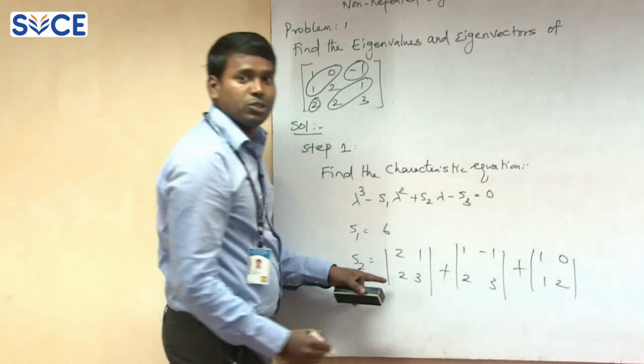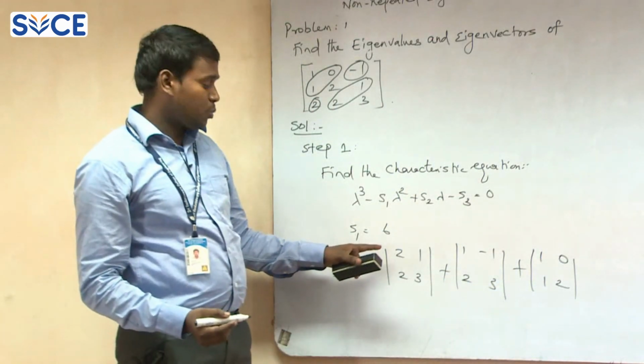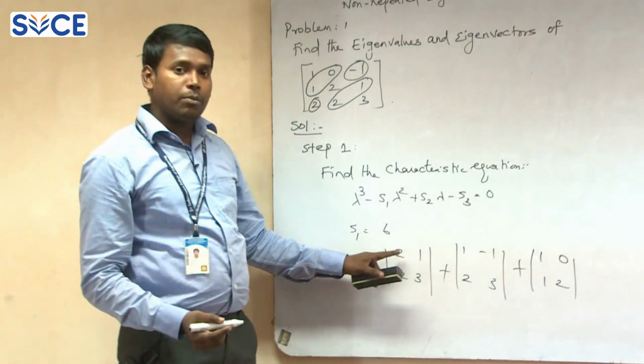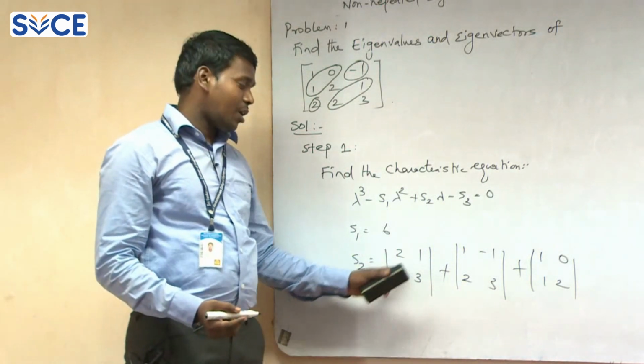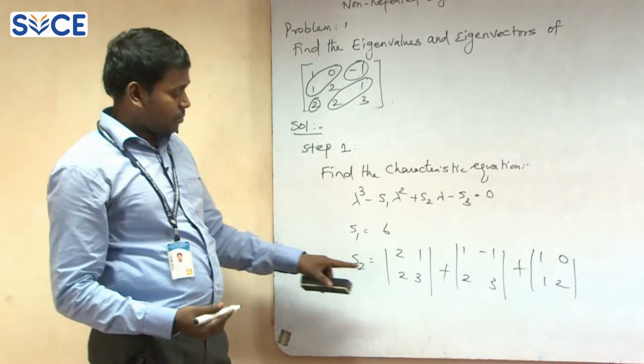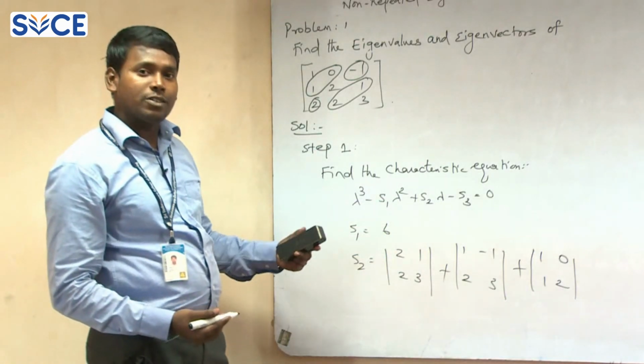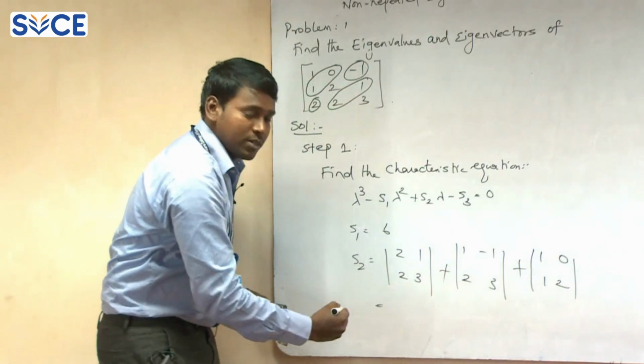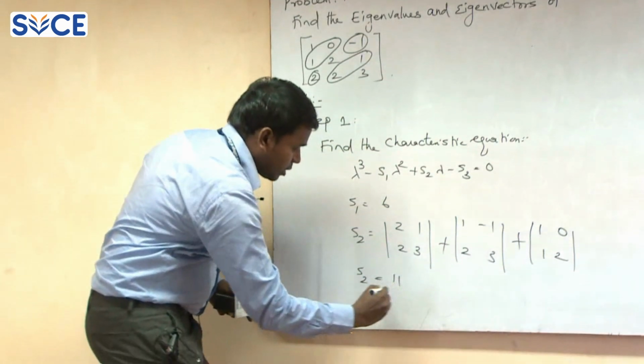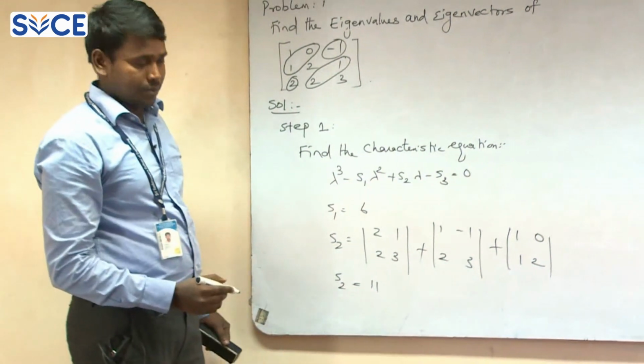So this is nothing but 2 by 2 determinants. I hope everyone knows how to expand a 2 by 2 determinant. First multiply from up to down, then down to up. Whenever we multiply from down to up, we should include the opposite sign, that is plus means minus, minus means plus. So if you expand, the final answer is S2 equal to 11.